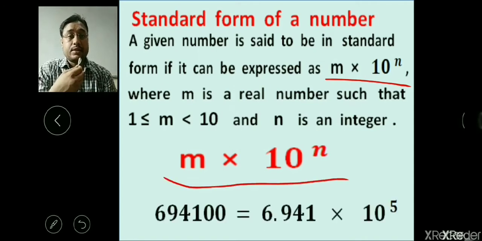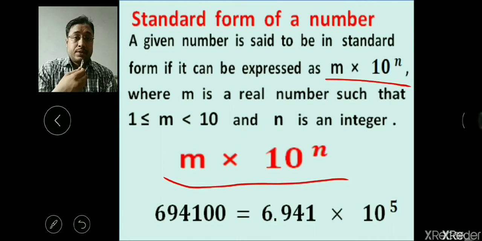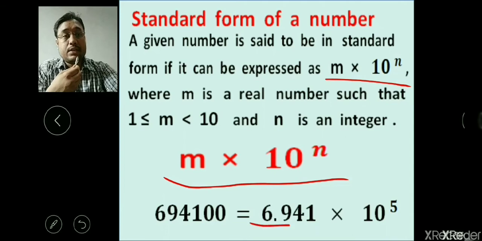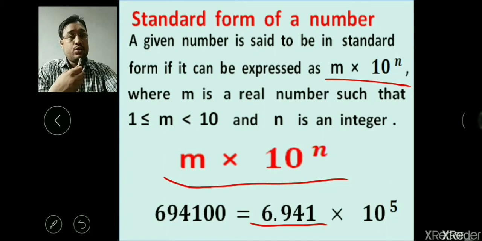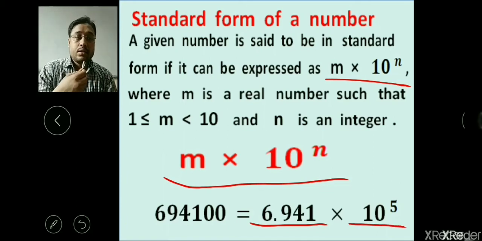For example, the number 6,94,100 can be represented as 6.941 into 10 to the power 5. Now you can see this number 6.941 is less than 10, and the power 5 is taken because the number 6,94,100 is very large. That's why the power is positive 5 here.